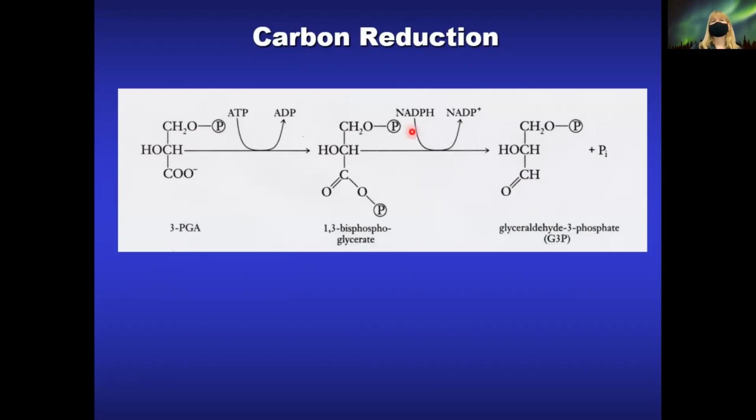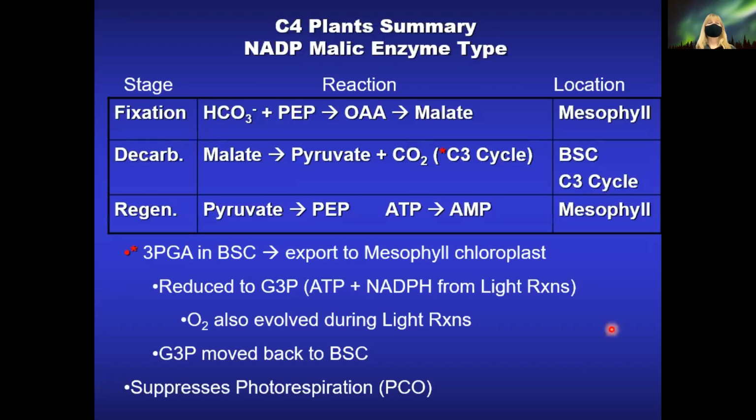You have oxygen being produced to get NADPH because it's all happening during the light reactions. And part of the light reaction product is oxygen. So stick that out into the mesophyll cell. And then once you get G3P made, that can come back in and be used to finish off the C3 cycle in the bundle sheath. So it's a little gnarly, a little complicated, so please spend a little bit of time thinking that over.